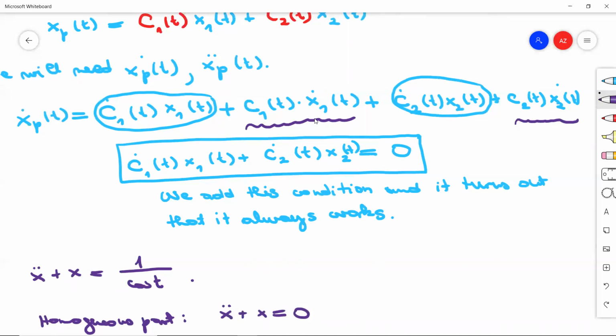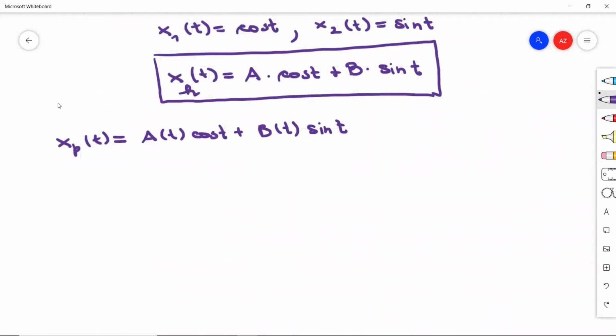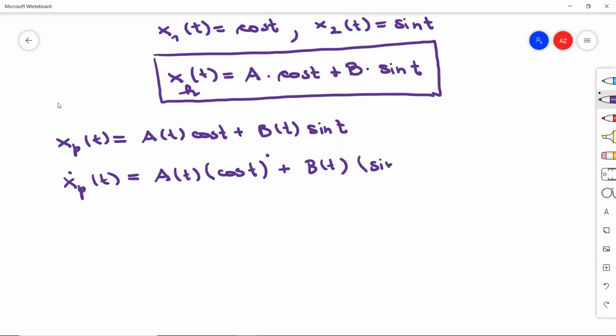So the derivative of this particular solution has only those two terms. The first is a of t times the derivative of cosine, and the second is b of t times the derivative of sine. So xp prime of t is then a of t times the derivative of cosine plus b of t times the derivative of sine, which is minus a of t sine t plus b of t cosine t.